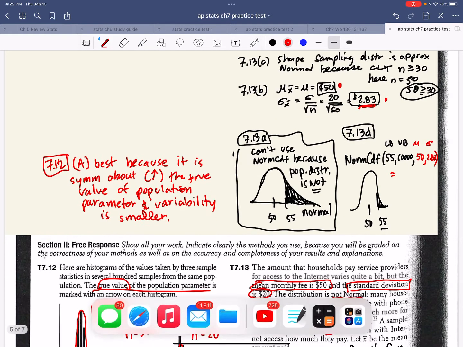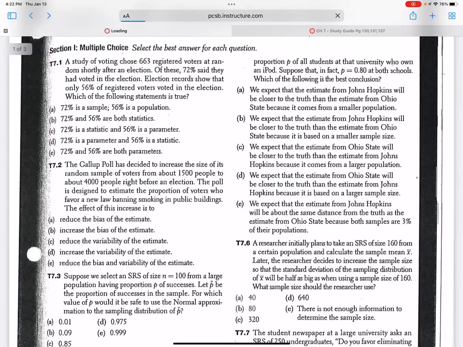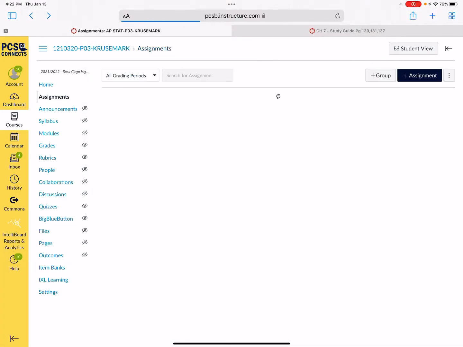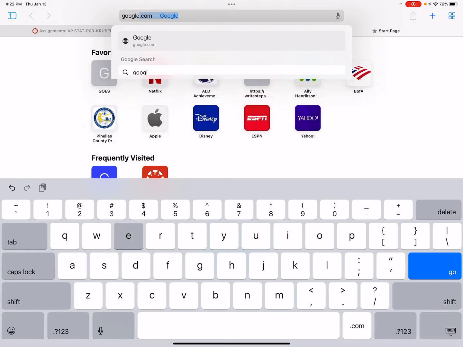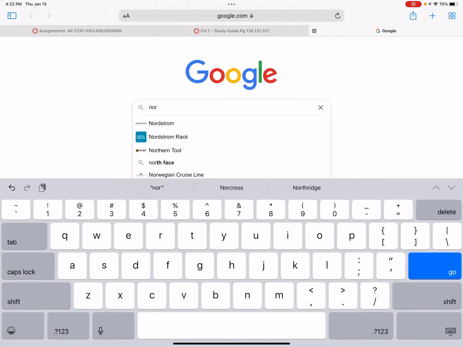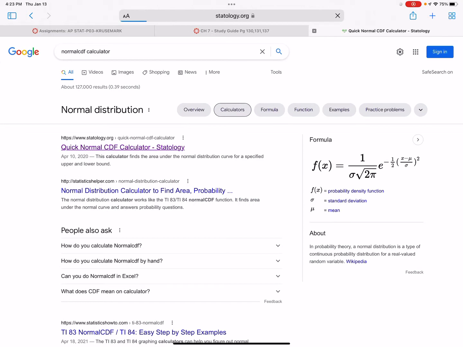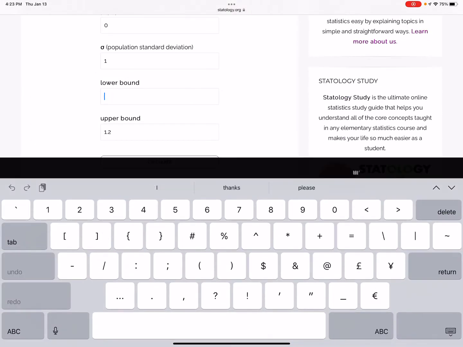All right, so we need a norm CDF calculator. It's pretty easy to get one of those. We go to Google, right? And we type in norm CDF. And we said that the lower bound was 55, right?